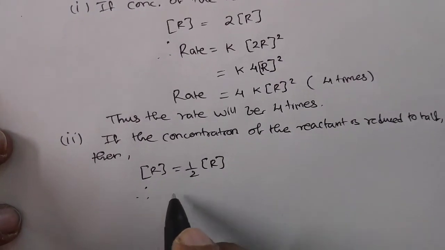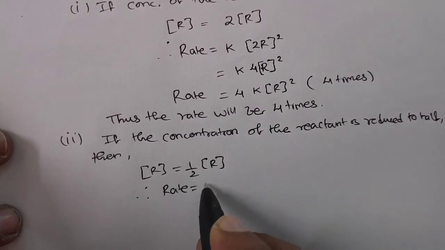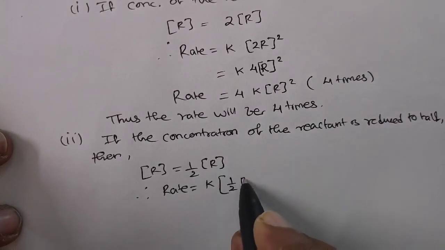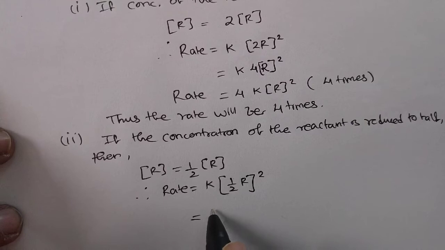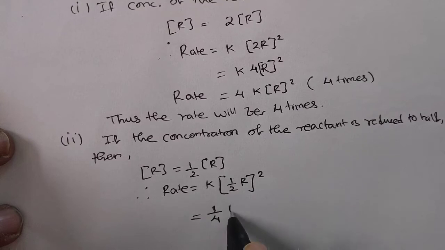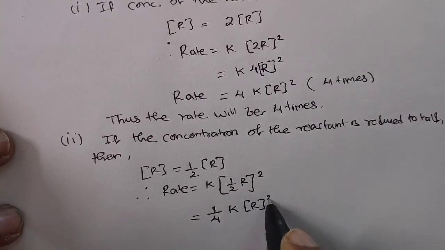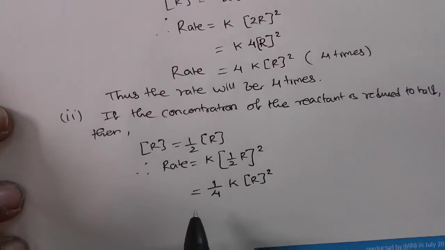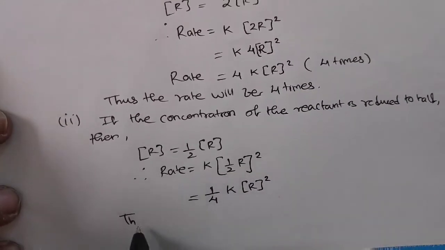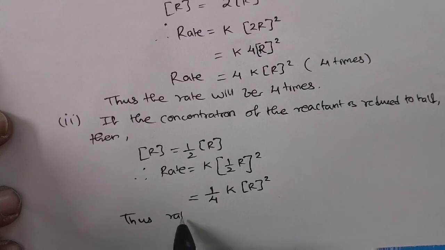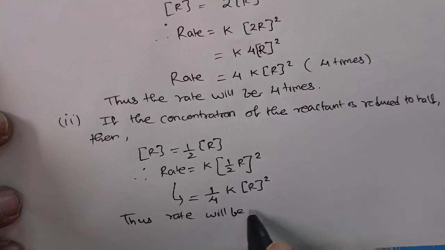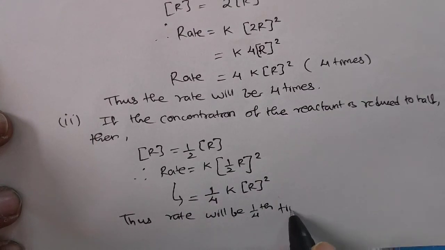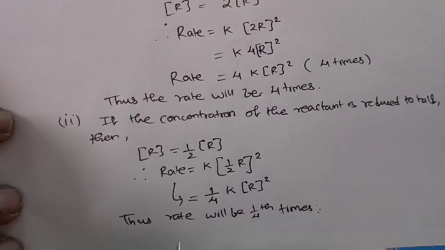Therefore rate will be equal to K into 1/2 R the whole square, which is equal to, if you open the bracket, 1 by 4 K R square. Understood? So we can write thus, the rate will be 1/4 times. So if it is half, it will be 1/4 times.